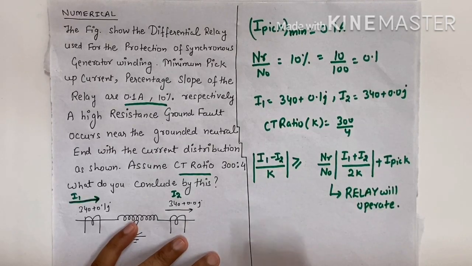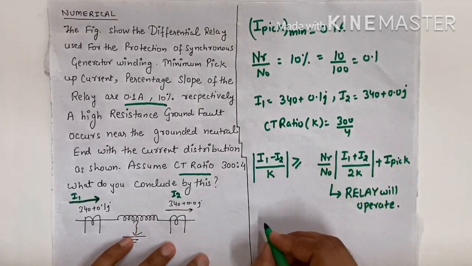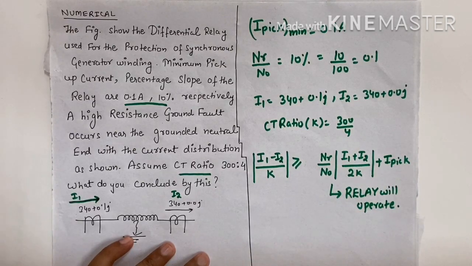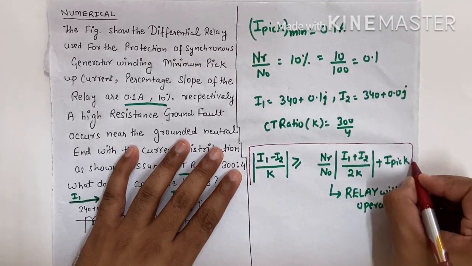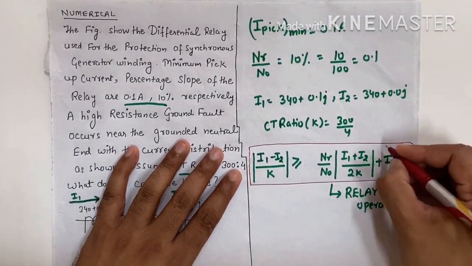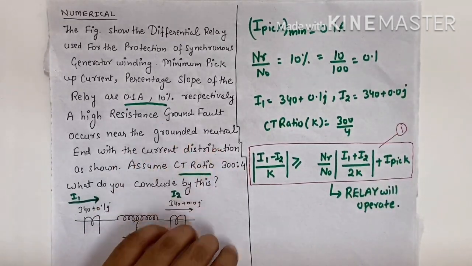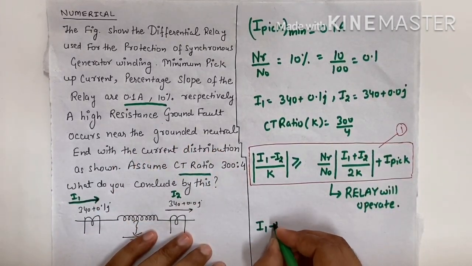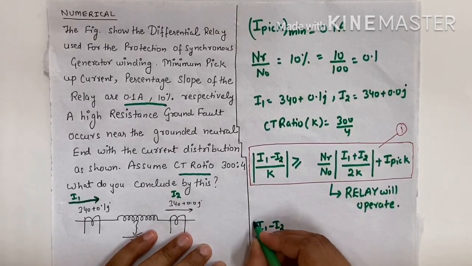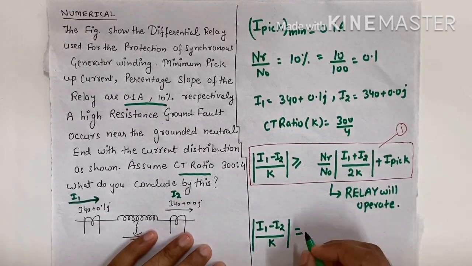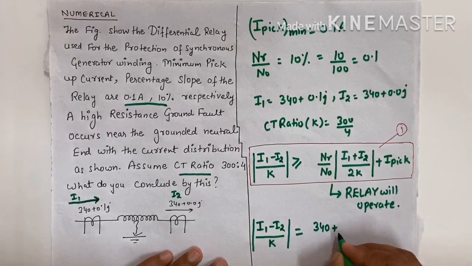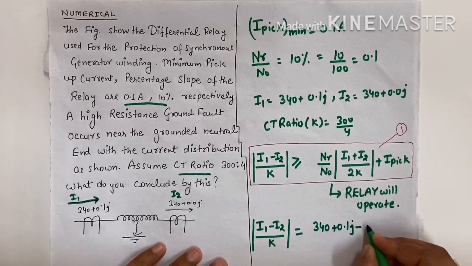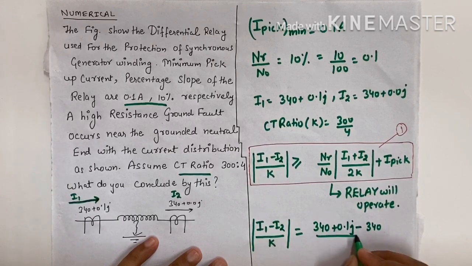So we will see how. Firstly we have to mark this general equation as equation number 1; we have to find the values and put them in this expression. We calculate mod of (I1 minus I2) divided by K. I1 value is 340 plus 0.1j, so 340 plus 0.1j minus 340, upon K, where K is 300 by 4.